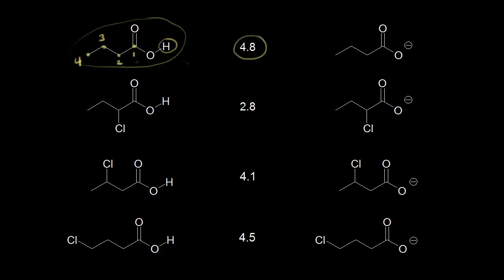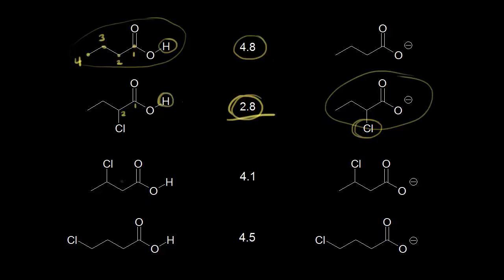If we compare butanoic acid to chlorobutanoic acid, so this would be with a chlorine on carbon 2, so 2-chlorobutanoic acid, the pKa value has dropped to 2.8. So again, that's because of the inductive effect, right? We have an electronegative atom withdrawing electron density, stabilizing our conjugate base, therefore lowering the pKa value for this proton.